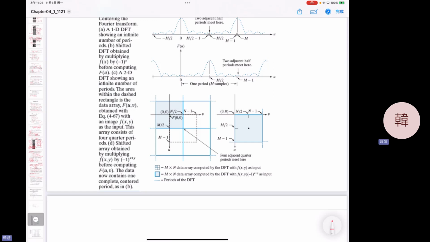And the next one is what? The next one is the offset high-pass filter. So we call this the offset high-pass filter. This is a low-pass filter, this is a high-pass filter, and this is the offset high-pass filter. What's the difference? Do you see that one? You still maintain a little bit of the DC value.